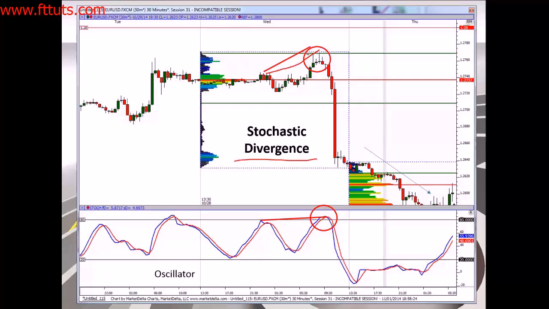So if I was looking at the profile alone without anything else, I would still have been willing to take it. But now notice how my technical indicators and the candlestick pattern enhance and add to that level of confidence. So by integrating all these elements together, I develop what is often described as a confluence of evidence for action, or for whatever decision I would like to make as a trader.